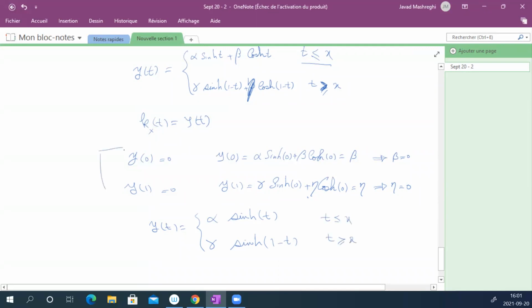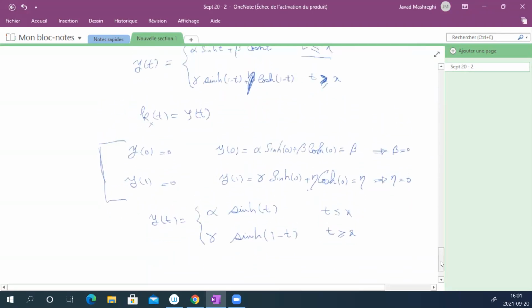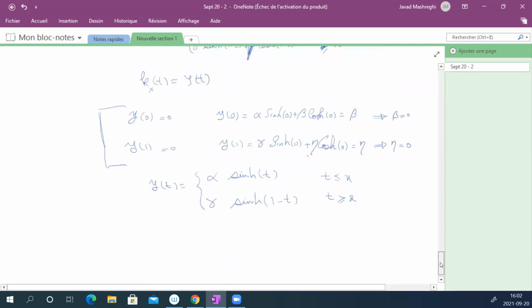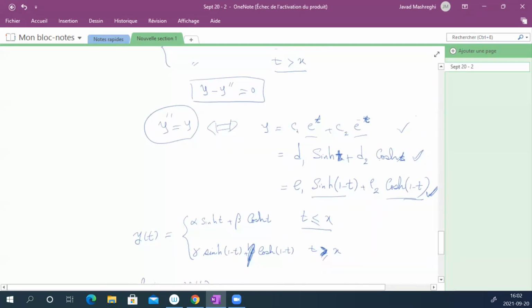I succeeded here to immediately obtain beta equal to 0 and gamma equal to 0, because, in a sense, I cheat. At the very beginning, when I wanted to prepare my talk, I wrote C1 e to the t plus C2 e to the minus t, and my condition was C1 plus C2 equal to 0.